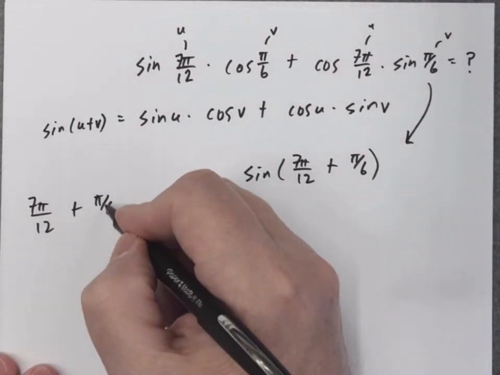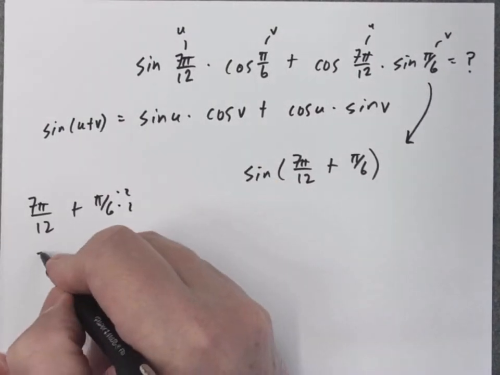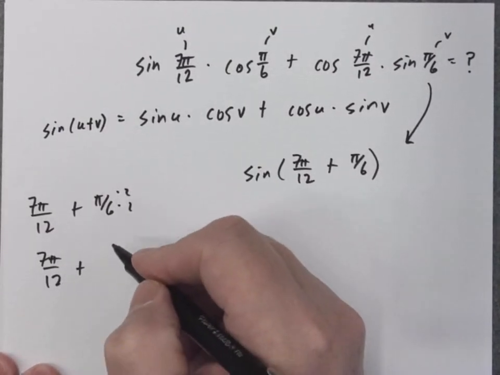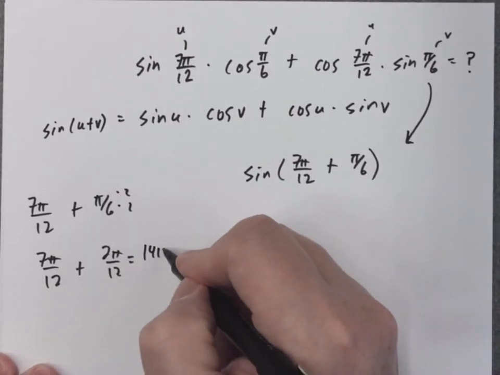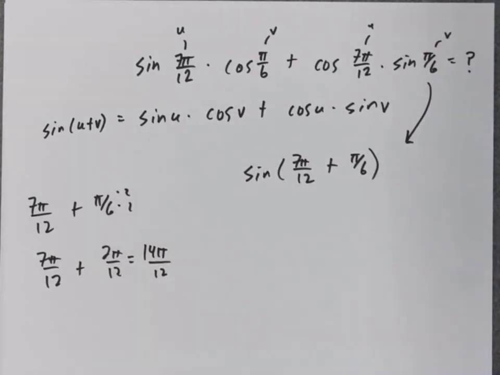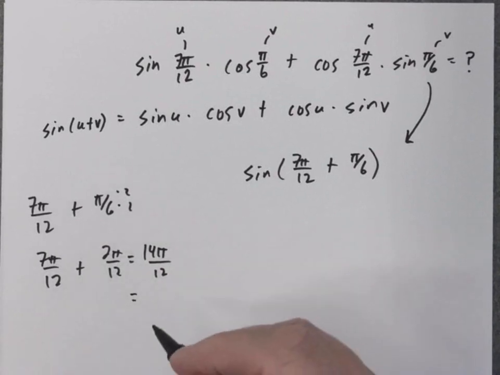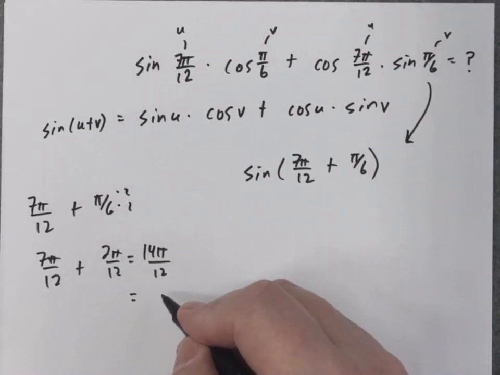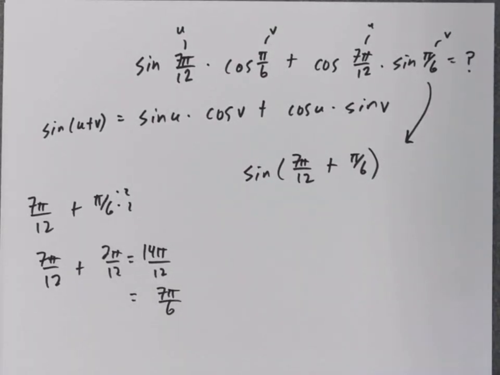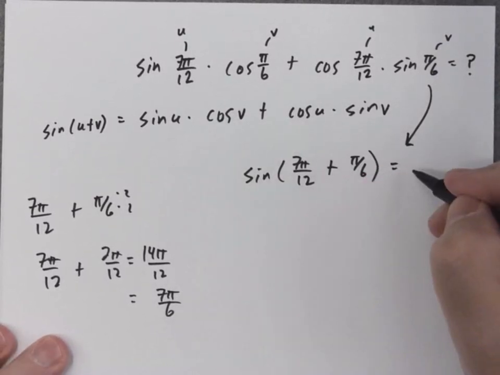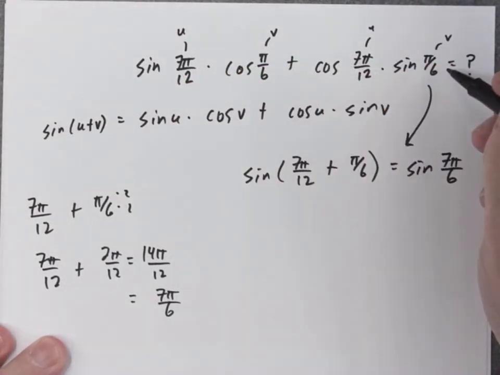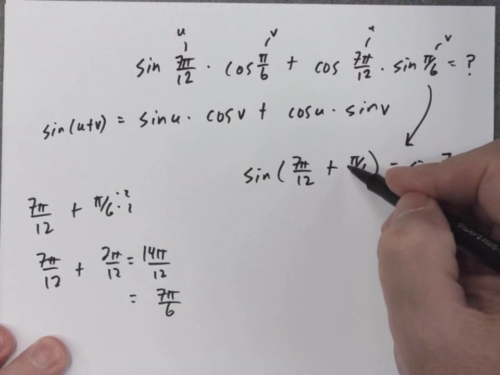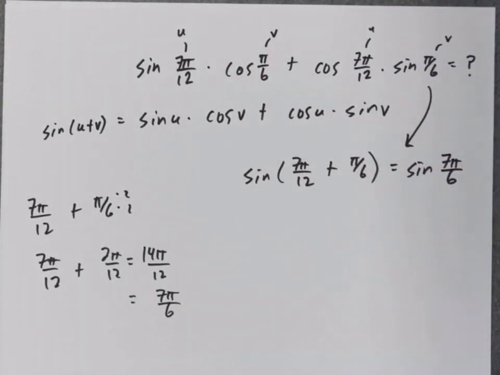If I get a common denominator, multiply top and bottom here by 2, 7 pi over 12 plus 2 pi over 12, 14 pi over 12, which if you reduce that, dividing top and bottom by 2, is 7 pi over 6.